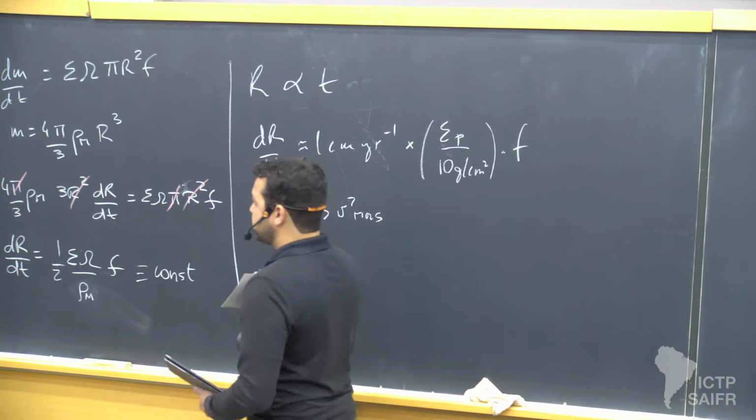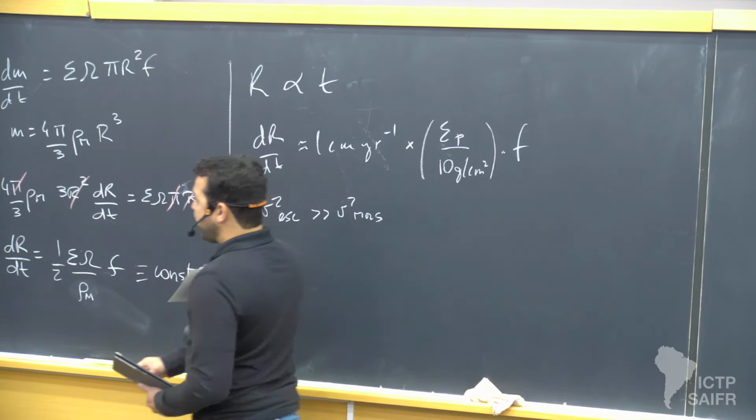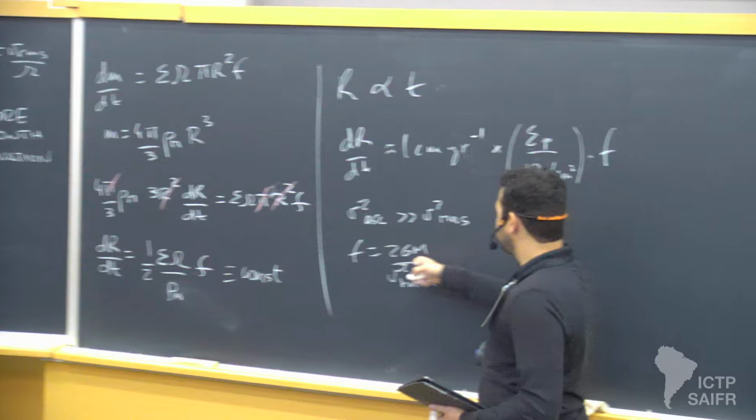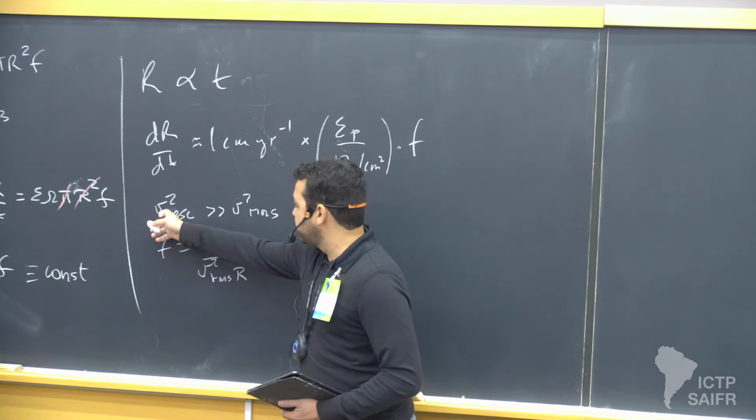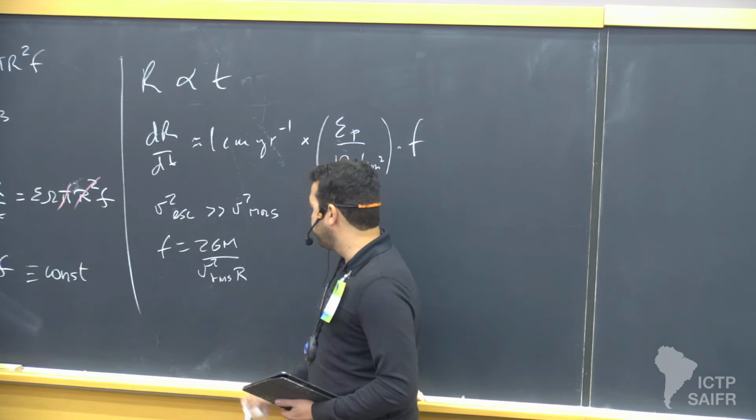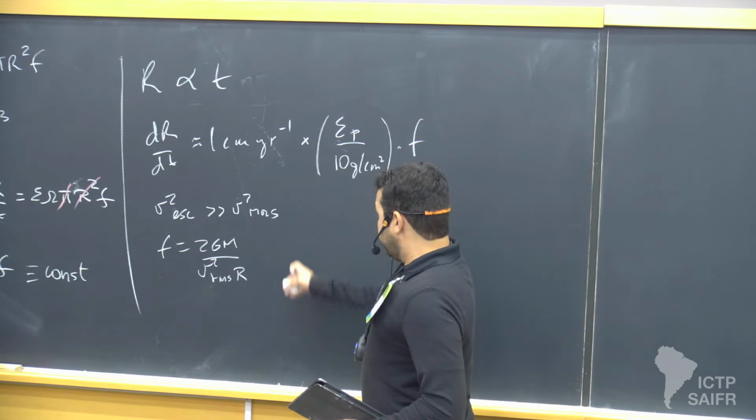Then this f factor becomes simply this term here. We can discard the 1, and then the f factor becomes 2GM over v square RMS over r. So this v square is simply the square of the escape speed, 2GM over r. In the case where you can drop that 1, that's a good approximation for f.